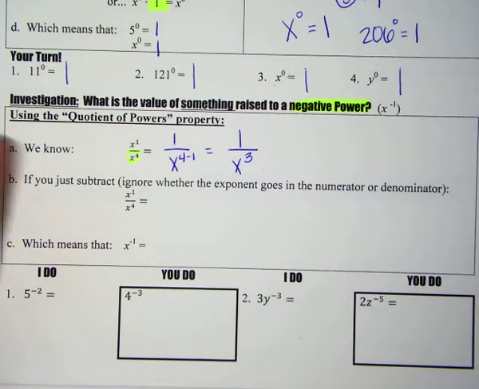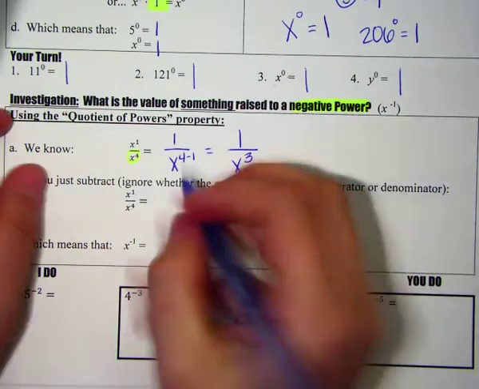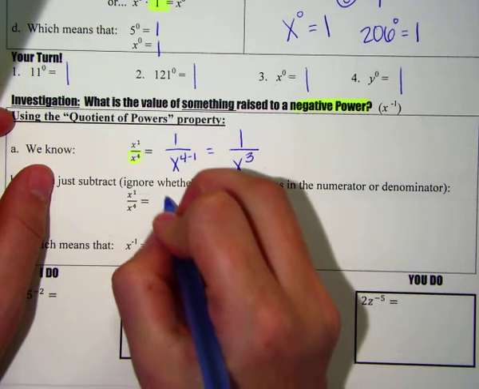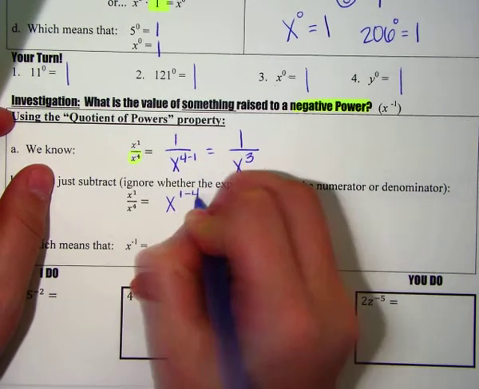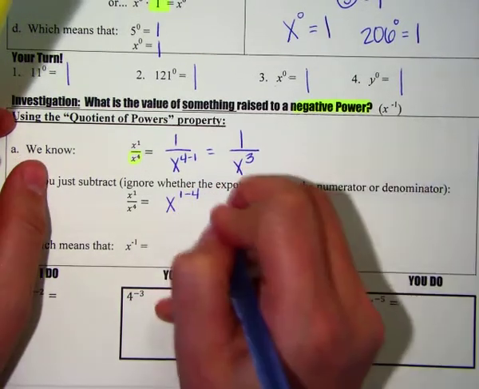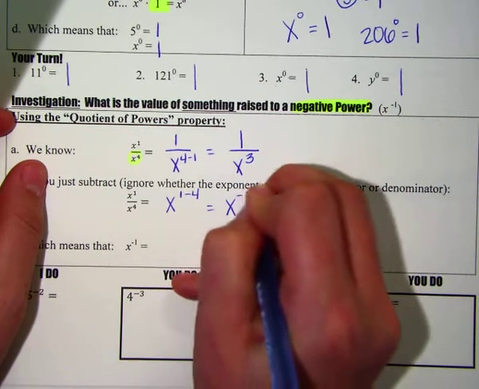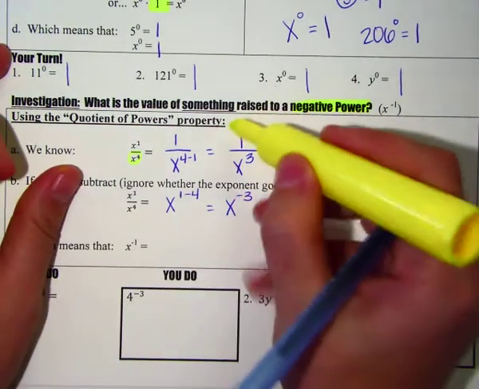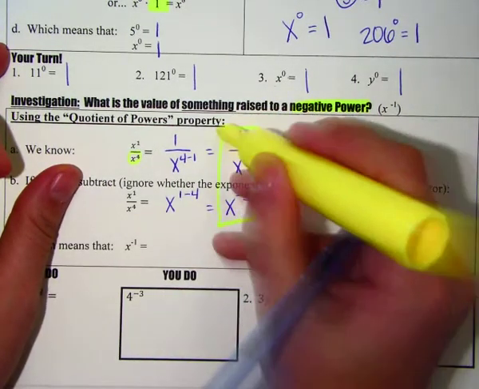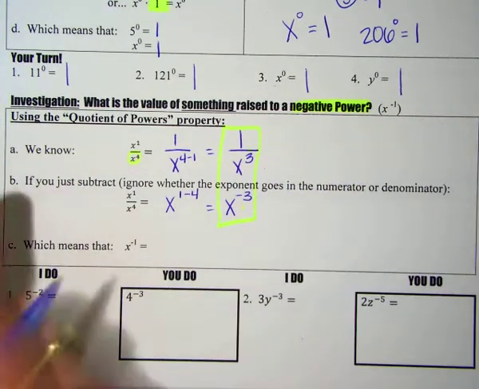Okay? So if you just subtract, ignore whether the exponent goes in the numerator or denominator. In fact, if we put it in the numerator, instead we do x to the 1 minus 4 power, which is x to the negative third power. But again, we know that this equals that.